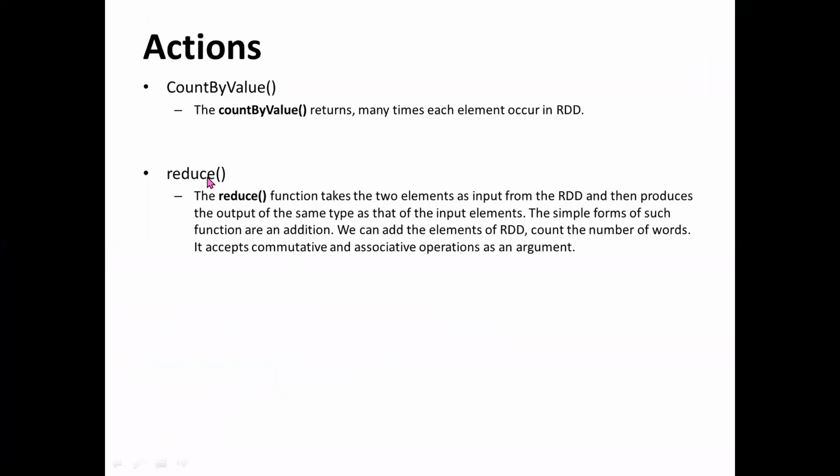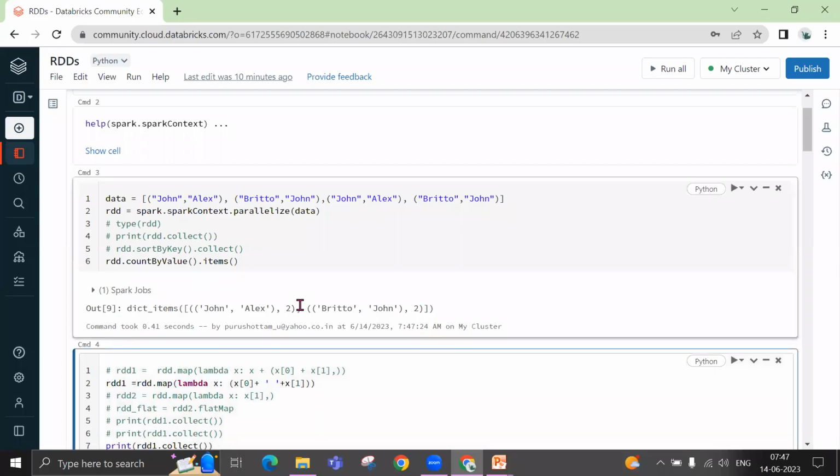Similarly, you have reduce, right? You have multiple values, and then you can make use of reduce, and we discussed how reduce works, right? If you have a look, count, reduce, these are aggregation functions.